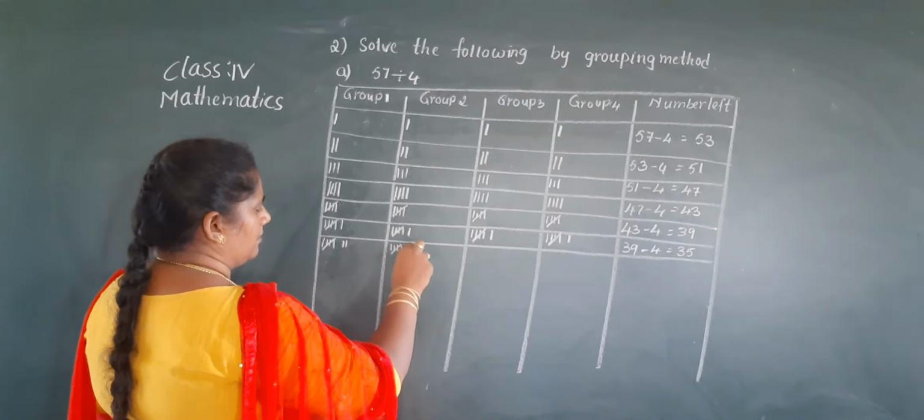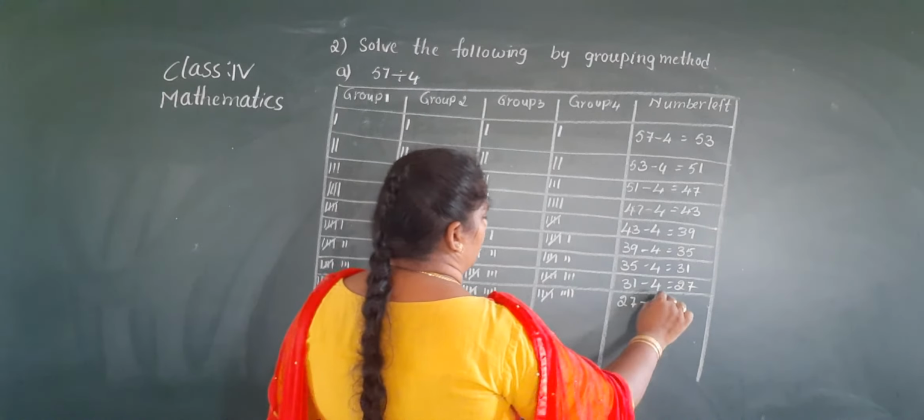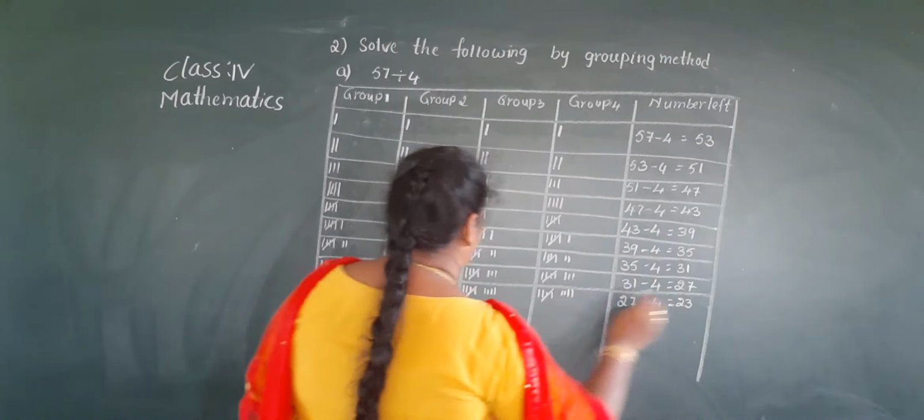Why? Because here 31 left. In that number, again we distributed 1, 1. That means 4 completed. So 27 remaining. So here already 8 tally marks. Next 1 more. So 27, 4 distributed, so it becomes 23.